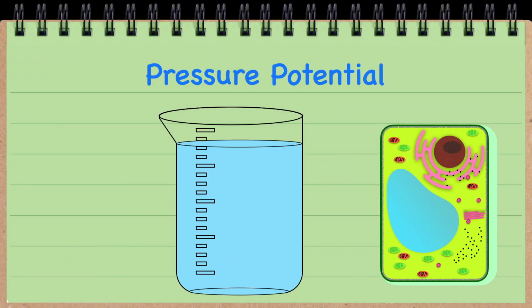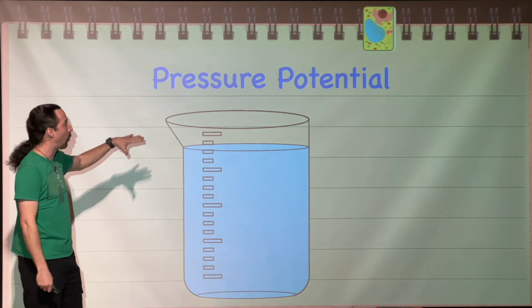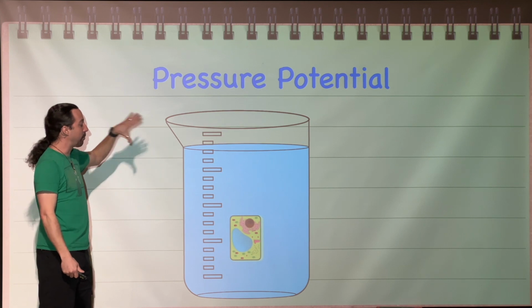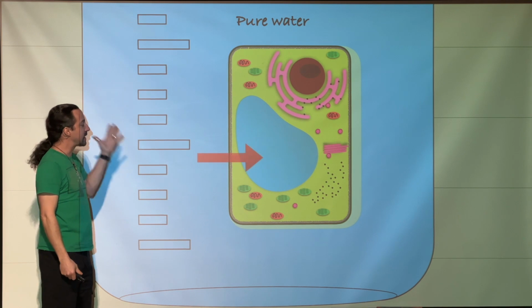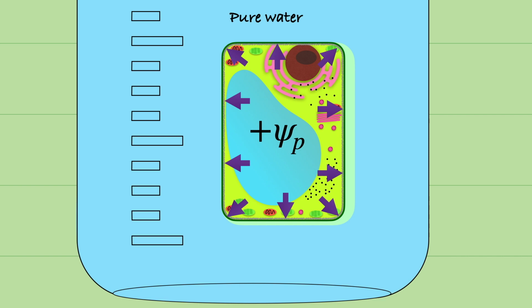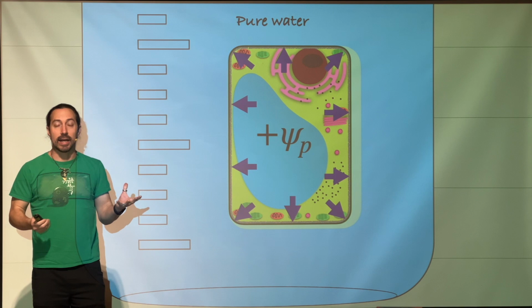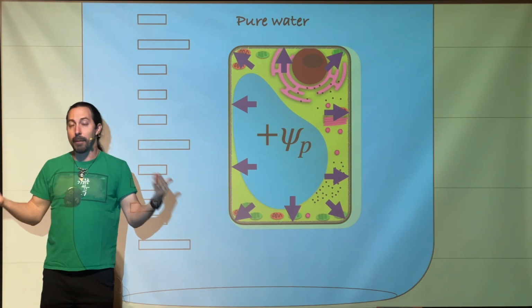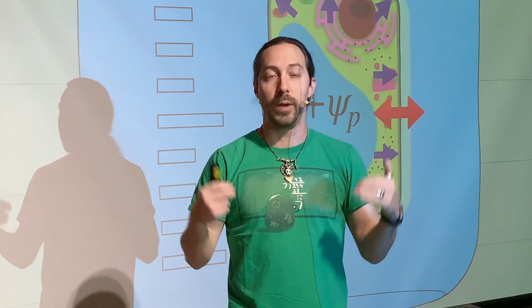On the other hand, a plant cell has a cell wall, and that rigid cell wall is able to withstand pressure on the inside. So when we take a plant cell and put it in pure water, yes, water will rush in, and that's going to cause a pressure potential on the inside of our plant cell. And it is because of that pressure that this cell can end up meeting a point where there is dynamic equilibrium, even though the solute concentration would not equalize with the pure water.